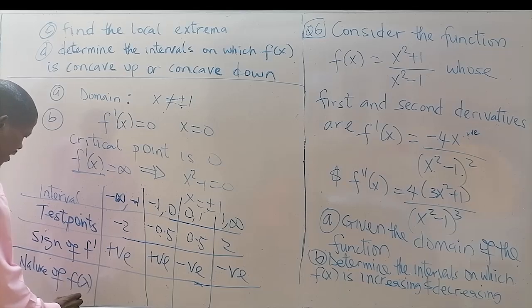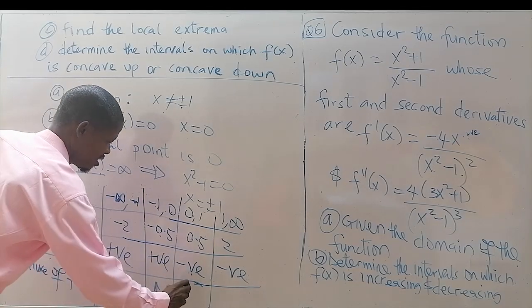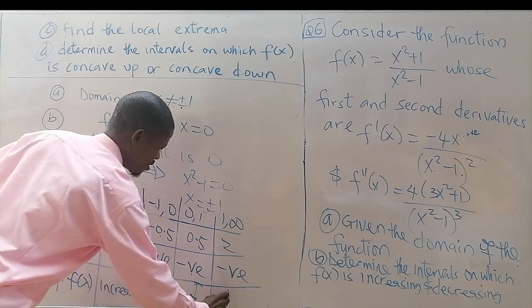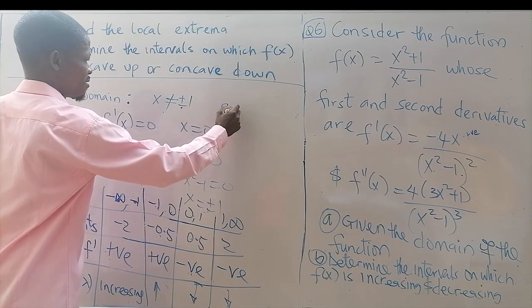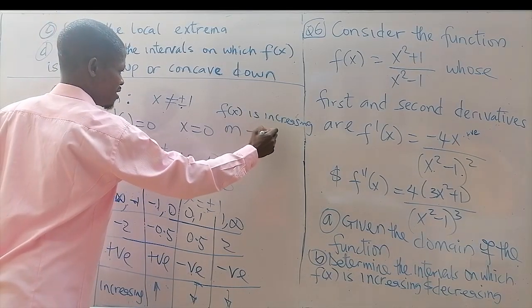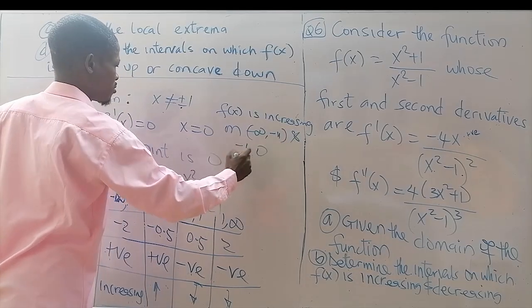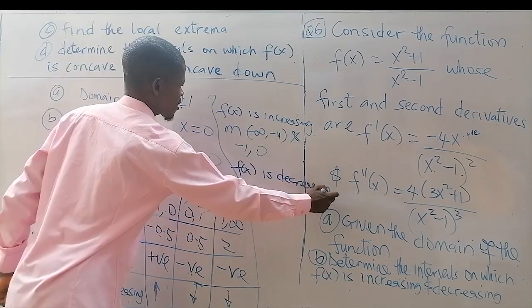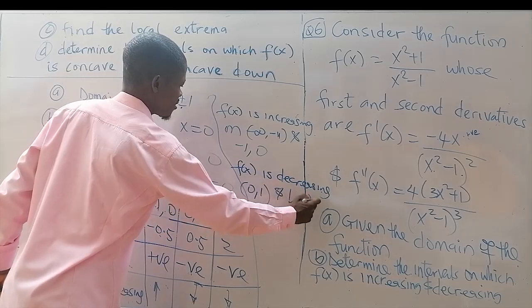So the nature of f of x is increasing here, increasing here, decreasing here, and decreasing here. So f of x is increasing on minus infinity to minus 1 and minus 1 to 0, and f of x is decreasing on 0 to 1 and 1 to infinity.